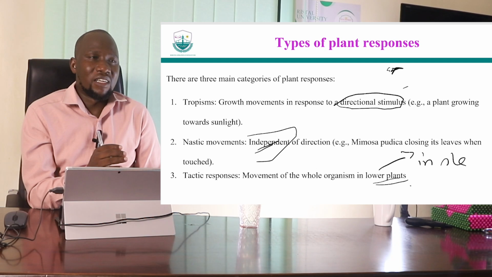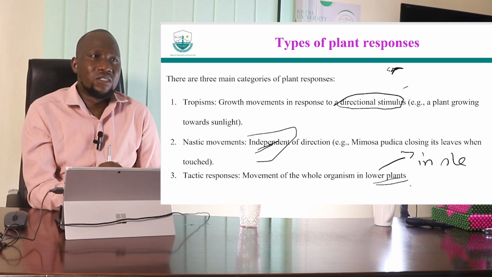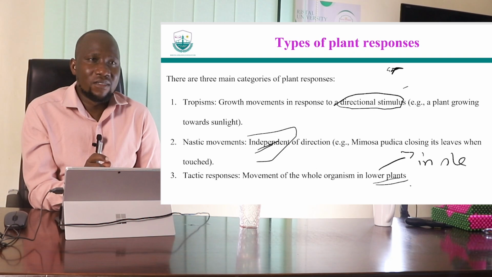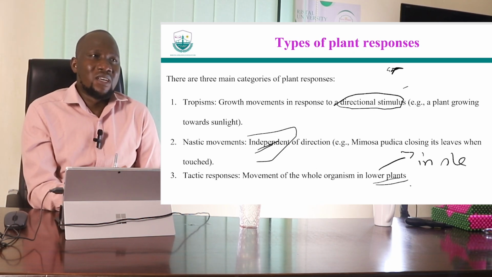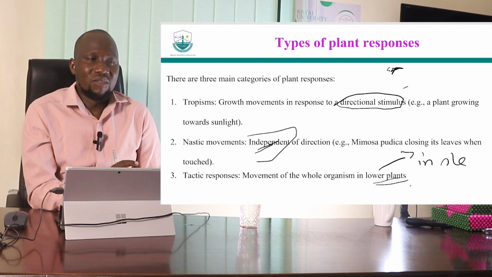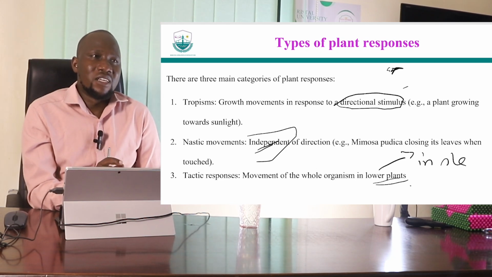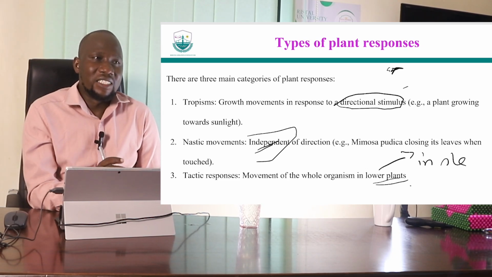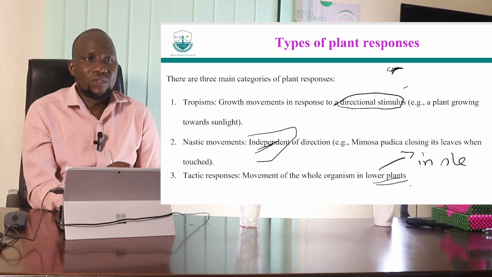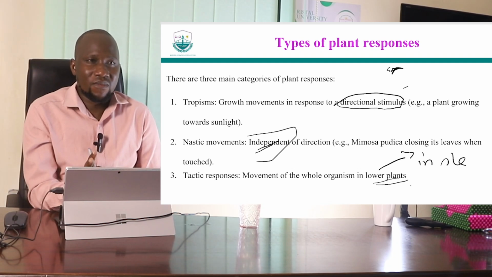And we said that the plants can respond through three ways. Through tropisms, where we are calling them growth movements towards a stimulus in a particular direction, and then nastic movements is when the response does not really care about the direction of the stimuli, and then the tactic response is when the whole organism moves.